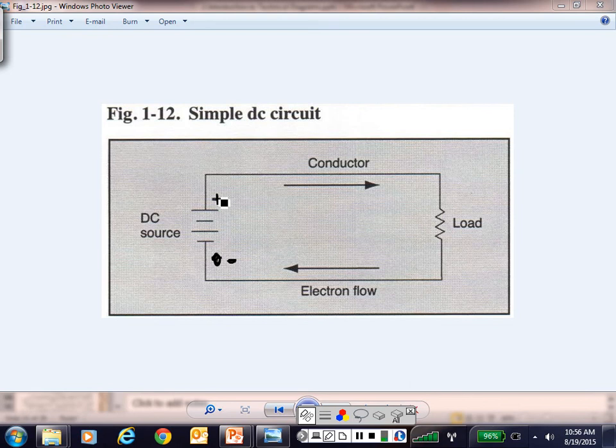What's actually flowing is the part of an atom that has the ability to move around. It's these electrons moving out on the side. We can move them out and get rid of them.